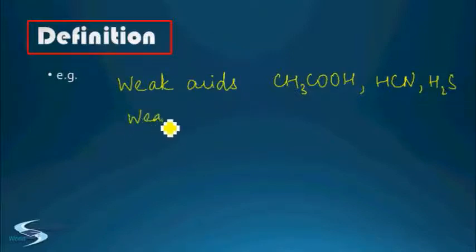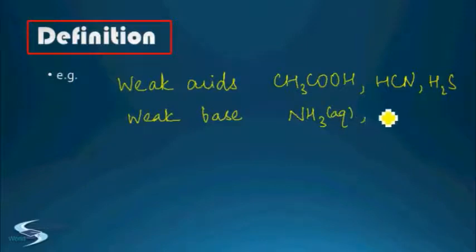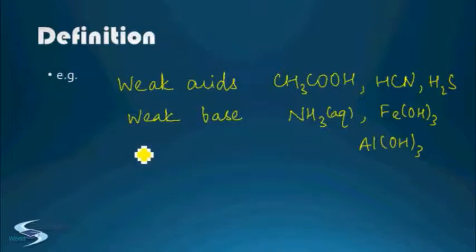Weak bases, like ammonium hydroxide or aqueous ammonia, Fe(OH)3, zinc hydroxide, aluminium hydroxide, all these are weak electrolytes. Similarly, there are several salts which act as weak electrolytes. So all these weak acids, bases and salts are examples of weak electrolytes, and the analysis that we are going to look at now will be applicable to all of them.